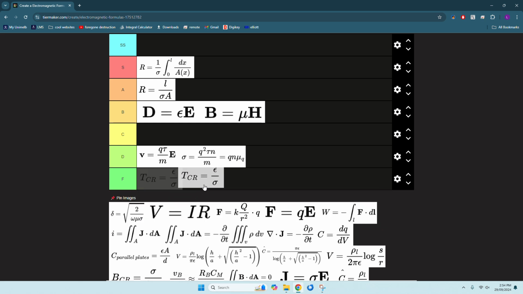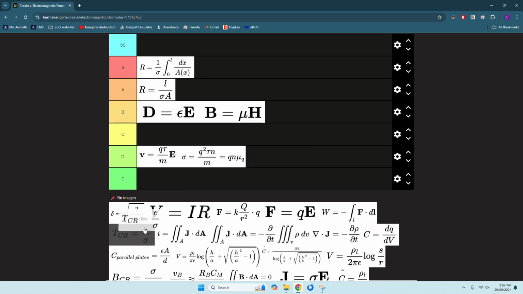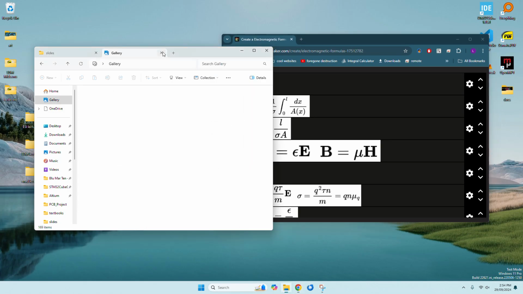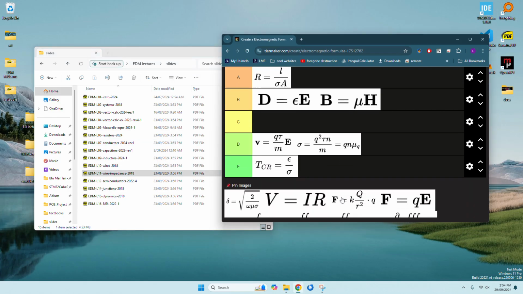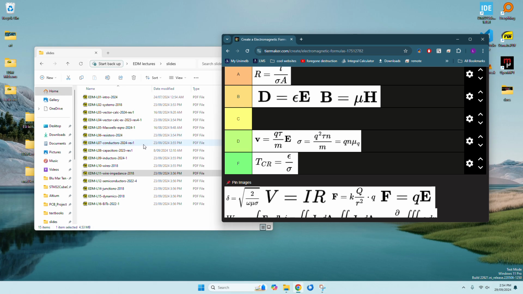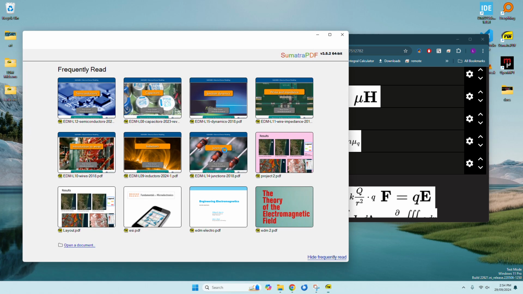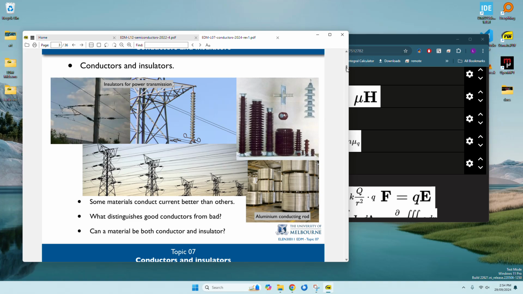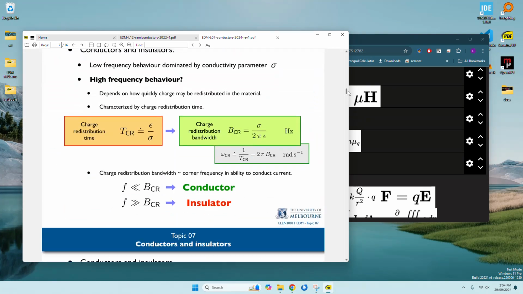This one is how long it takes for electrons to sort of bounce around. I'll just get up the slide that tells me about that. That is to do with conductors, I believe. Here it is.